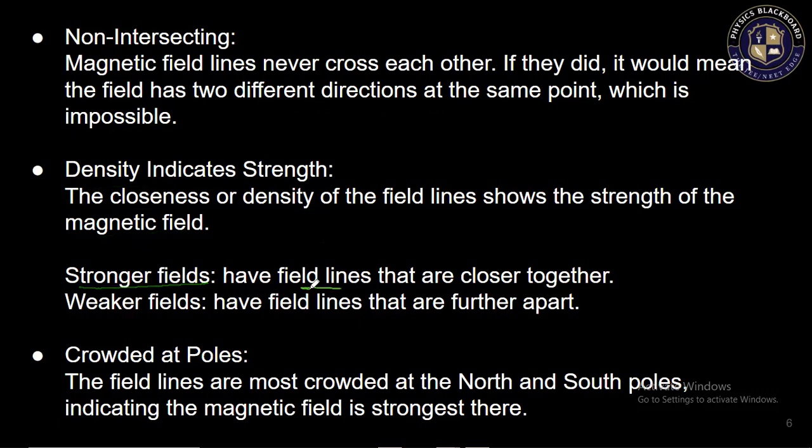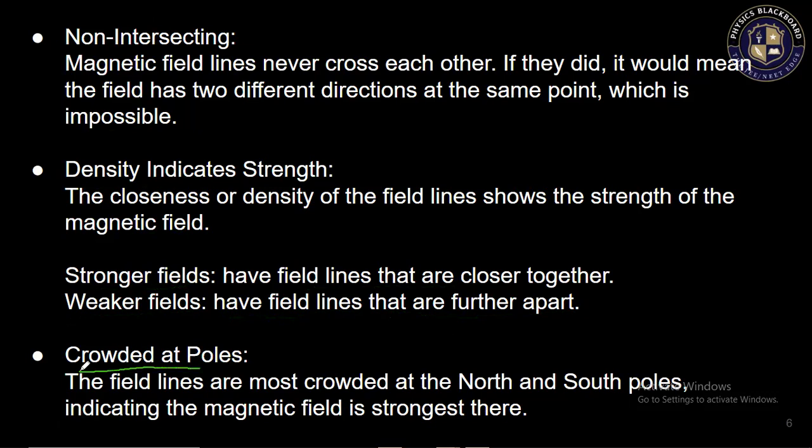Here at the poles, magnetic field lines are very close and the density is very high, whereas the density is very low at the center of this magnet, so the magnetic lines are further apart, where you can find a weak field, but you find the strong magnetic field at its poles.